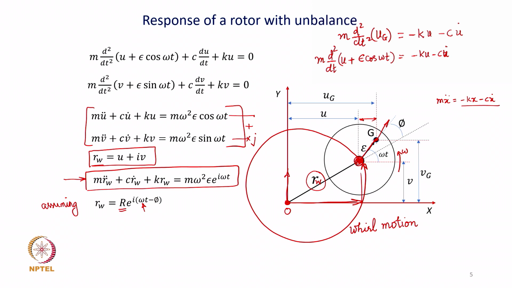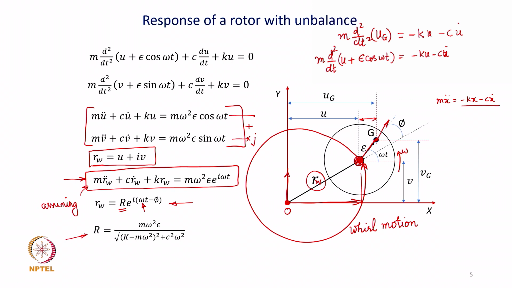With this assumed vibration response of the rotor, we substitute R w into the equation by getting expressions for R w dot and R w double dot, and solving as we have done a number of times, you will ultimately get the response amplitude.